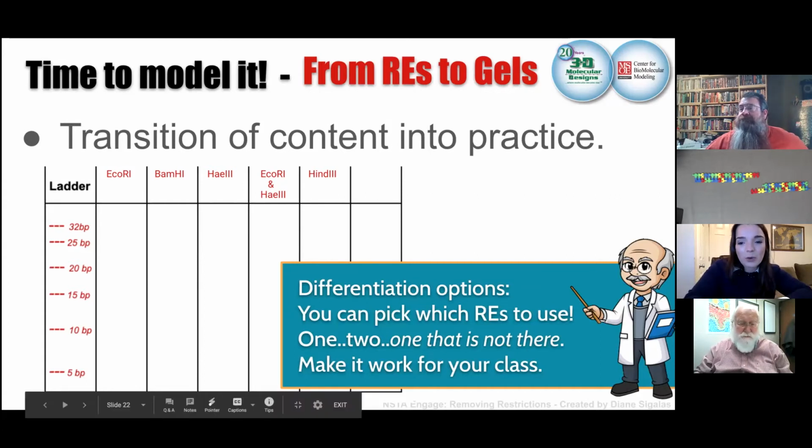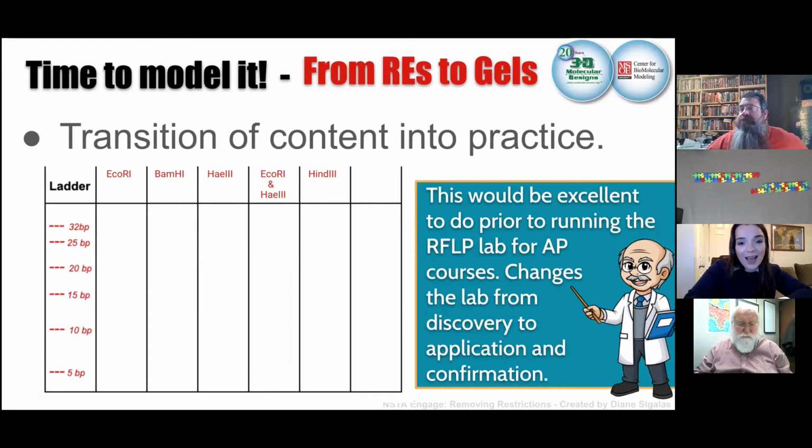And back to what we were talking about before, I truly think that this would be an excellent activity to do before the RFLP lab for our AP courses. It changes the lab from being one of discovery to being one of confirming and to really understand that application. So instead of them just loading up a gel and turning the box on and seeing what comes out, it enables them to actually understand what those restriction enzymes are doing to the DNA.